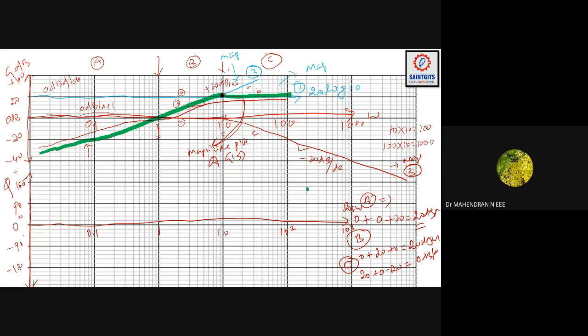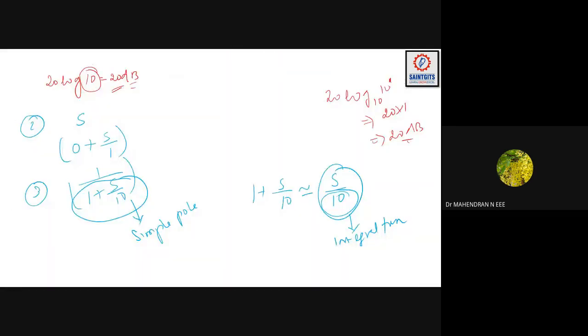Now, as I said, there are three terms, and there are three terms in the phase plot also. What are the three terms? The first term is 10, the second is s, and the third term is 1 by 1 plus s by 10. So what will be the phase plot for the constant?